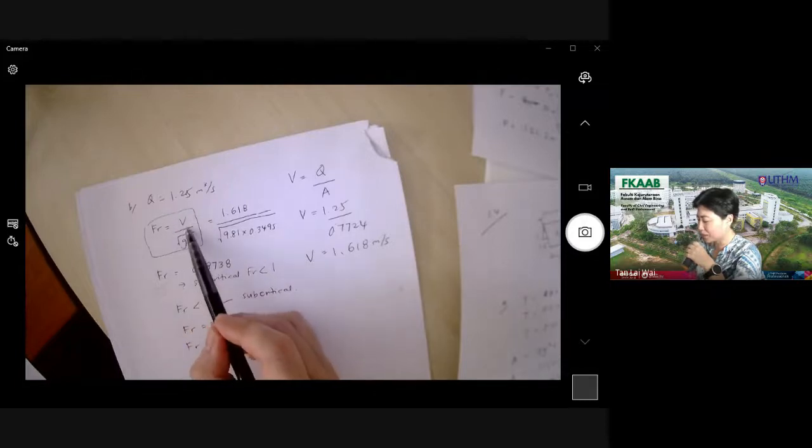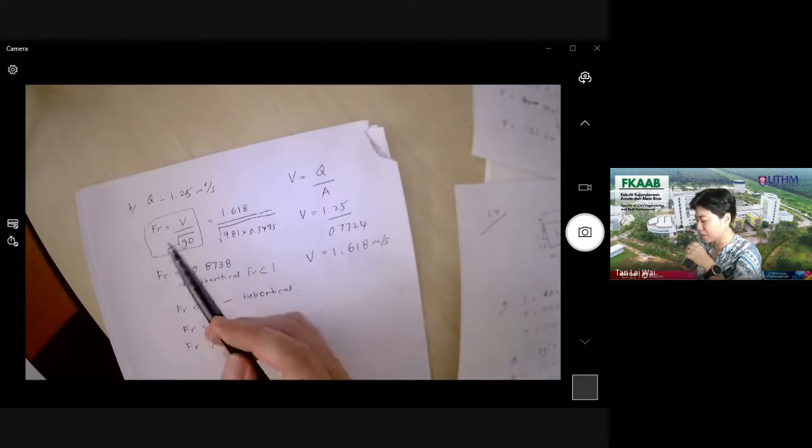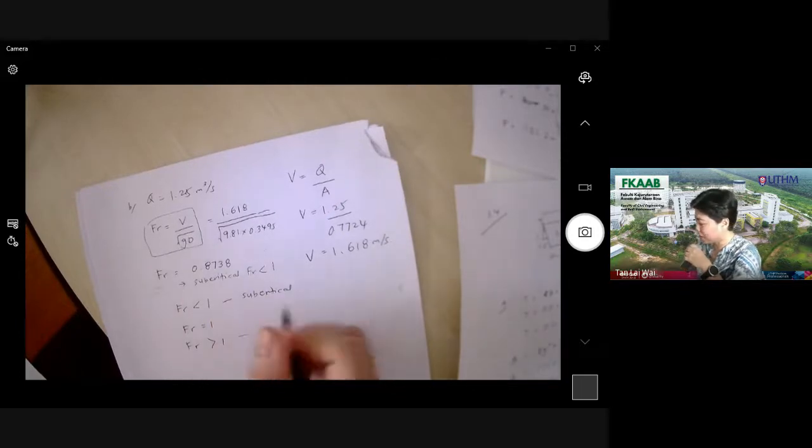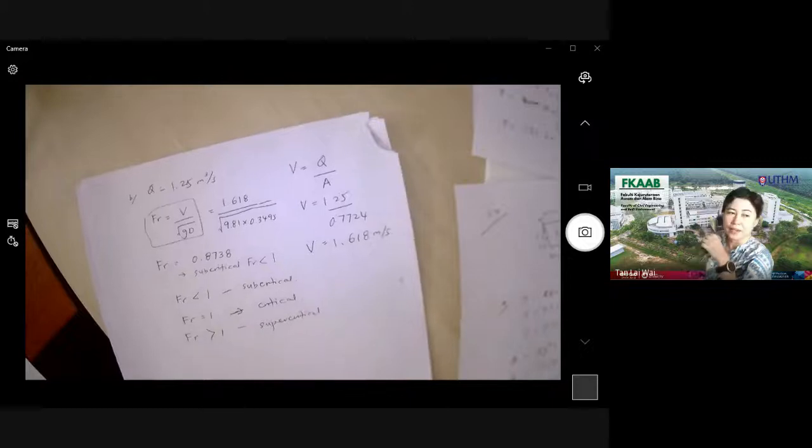That's why it's subcritical. Kalau velocity ni besar daripada square root gD, Froude number akan besar daripada 1, jadi dia supercritical. So if it's equal, then it's critical.